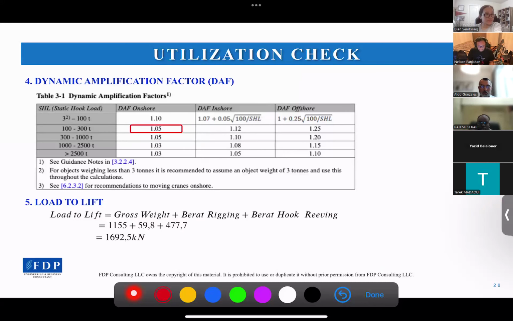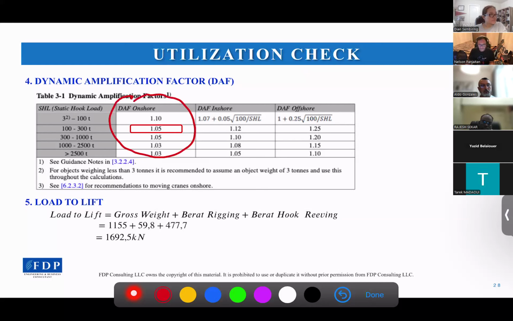And then we continue to the dynamic factor that we are going to apply. Since this operation is onshore and the crane is not moving, just slewing, we can use the dynamic factor onshore mentioned here.